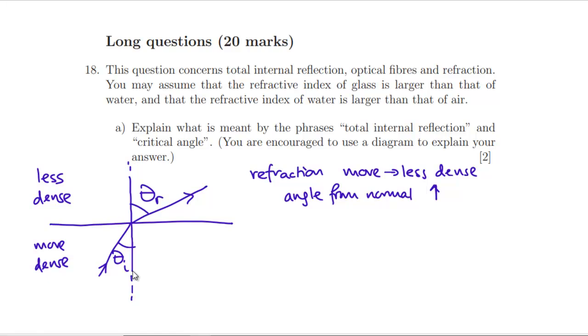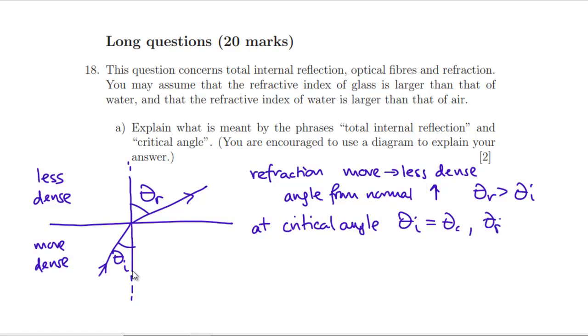So that's what we want, as in theta r is greater than theta I. Then you can say at the critical angle, let's call that theta I equals theta c, then the refracted angle theta r will be equal to 90 degrees.